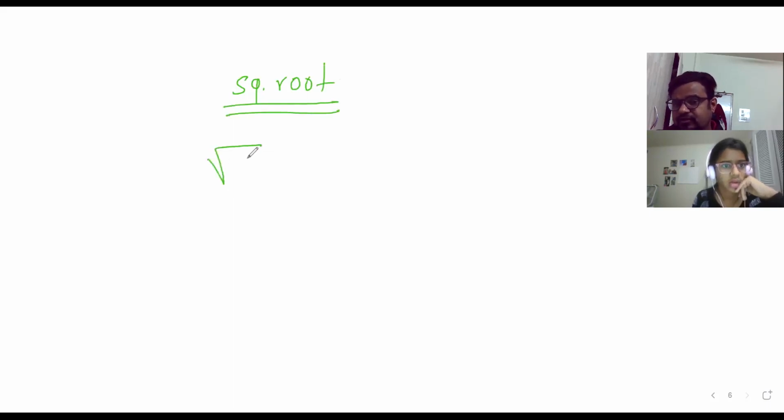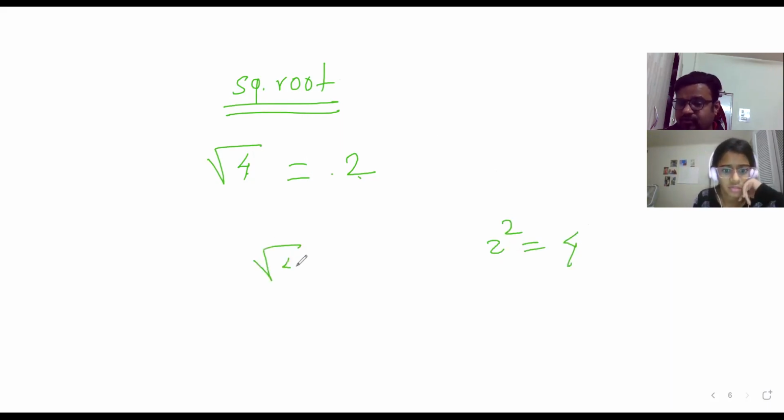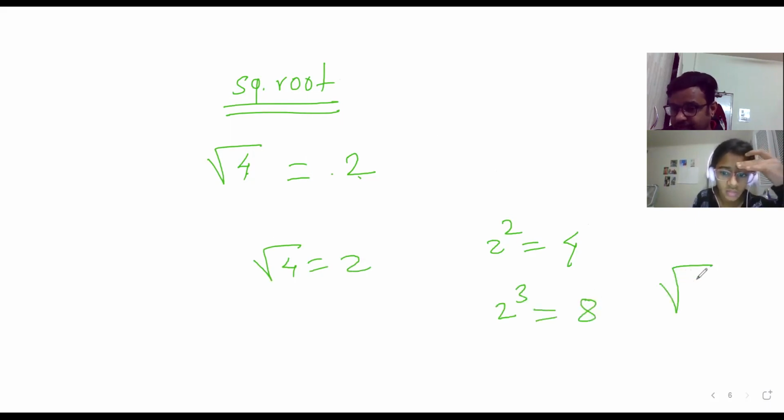Square root of 4 is always 2, because 2 raised to 2 is equal to 4. That's why square root of 4 is 2. And suppose 2 raised to 3 is what? 8. So 8's cube root is what? 2.